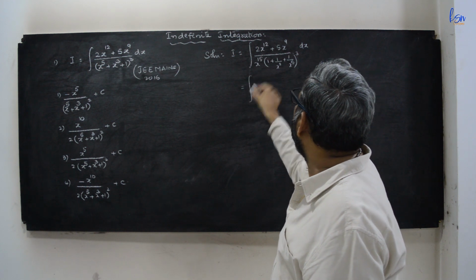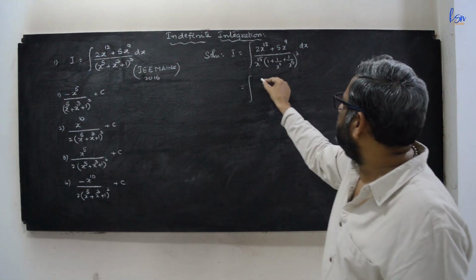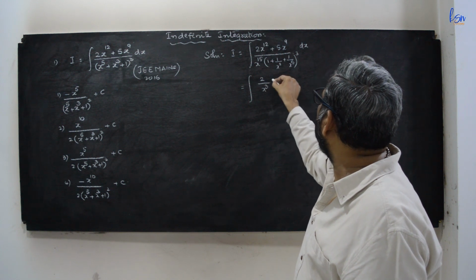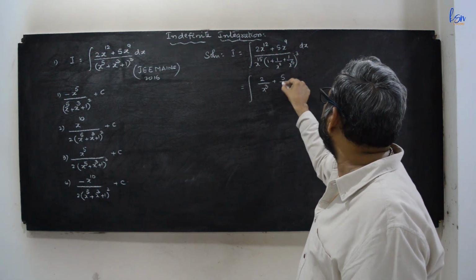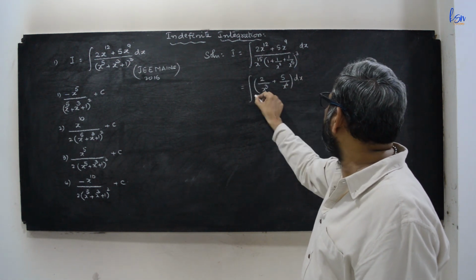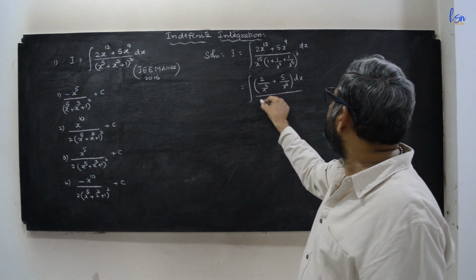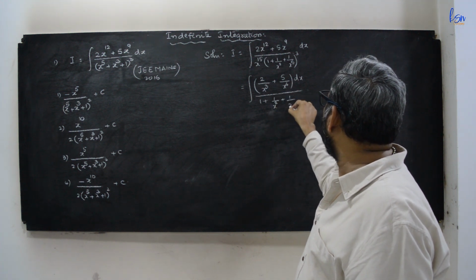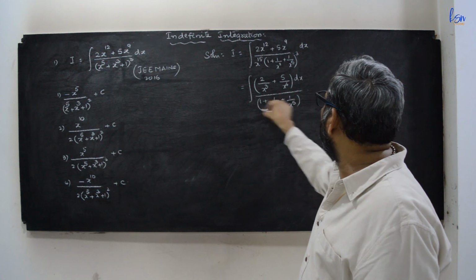Now I will divide the numerator by this x^15: (2/x^3 + 5/x^6) dx over (1 + 1/x^2 + 1/x^5)^3.